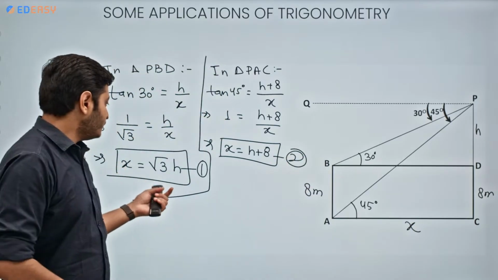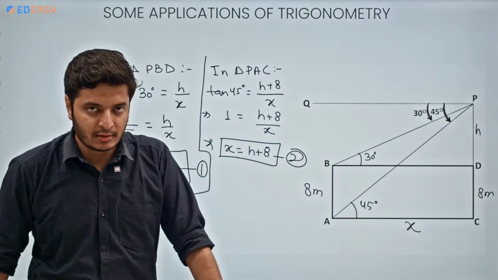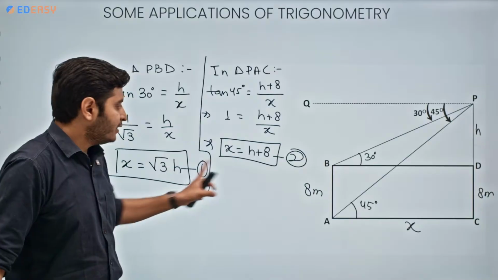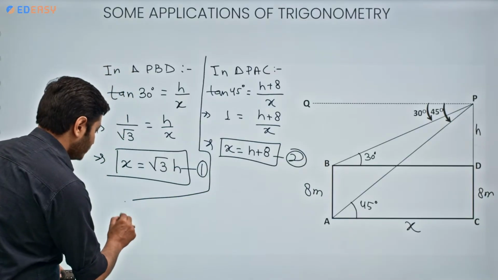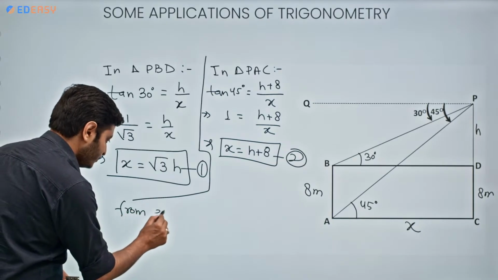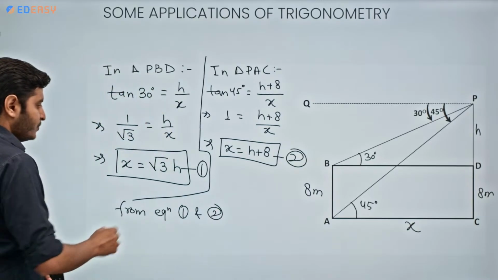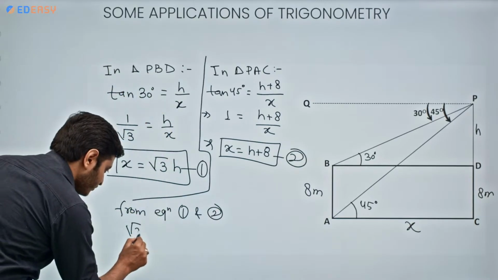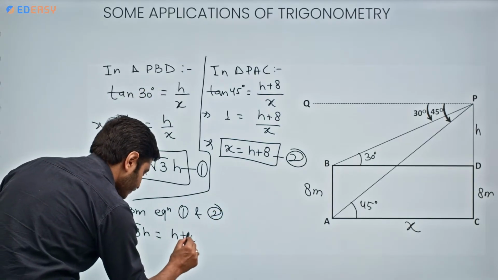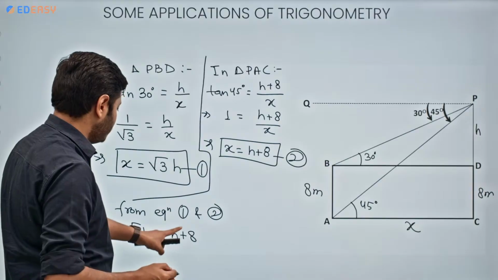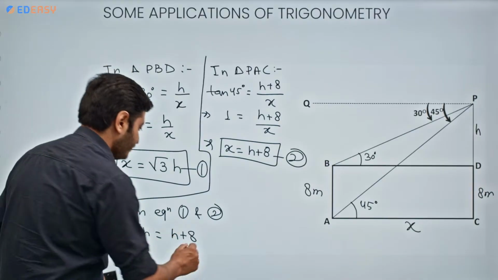So in equation number 1, we have one value of X. In equation number 2, we have the other value of X. We can equate them. Yes, we can. So we are going to equate the values. From equations 1 and 2, root 3 H is equal to H plus 8. Now, you can transpose this H to the left side because they are like terms.